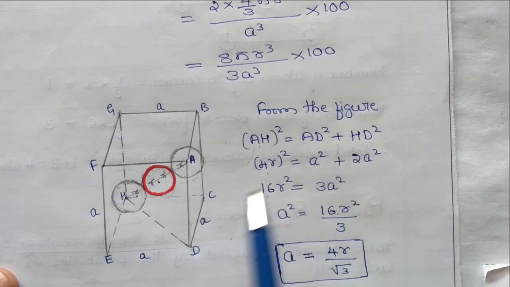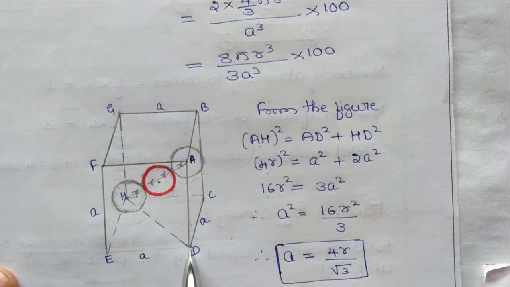Now here, HD square. How to calculate the HD? It is not a here. This is edge length a, and this is edge length a.